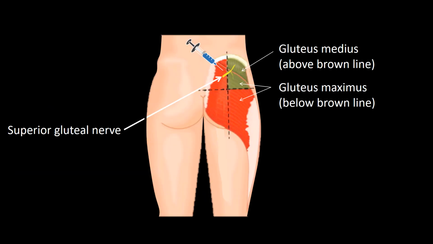Intramuscular injection to the superomedial gluteal region can also produce damage to the sciatic nerve. To avoid these types of injuries, remember to inject the anterolateral region of the buttocks, as indicated in this frame.